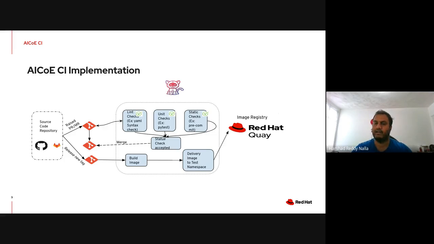The AICoE CI is an implementation based on Tekton pipelines. Tekton pipelines, as I said, is a project from the CD Foundation. This project gives you tools to create your own CI pipeline. I'll first explain what Tekton does, and then we'll go through this whole diagram.